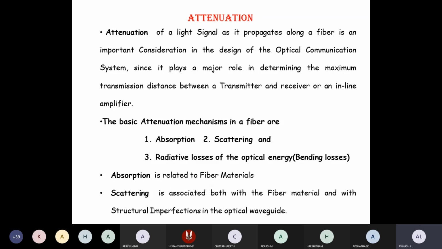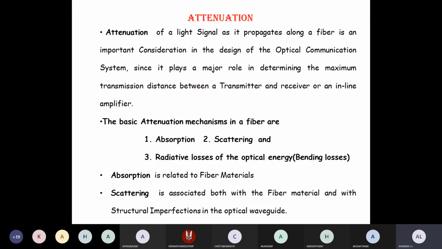The first one, when I'm talking about absorption, is related to the fiber materials. So absorption is a property which is related to the fiber material. That means it is related to the manufacturing process. Now the second parameter, scattering: what is it related to?